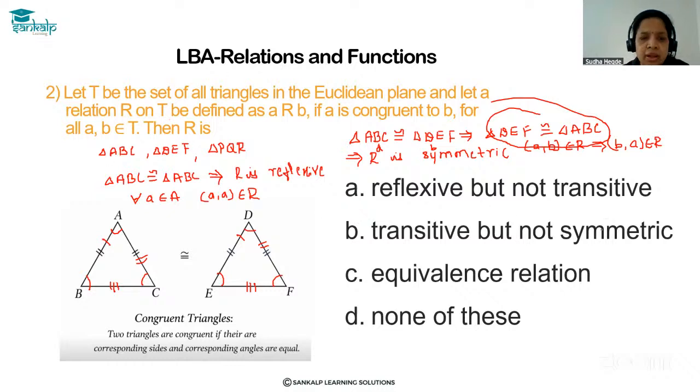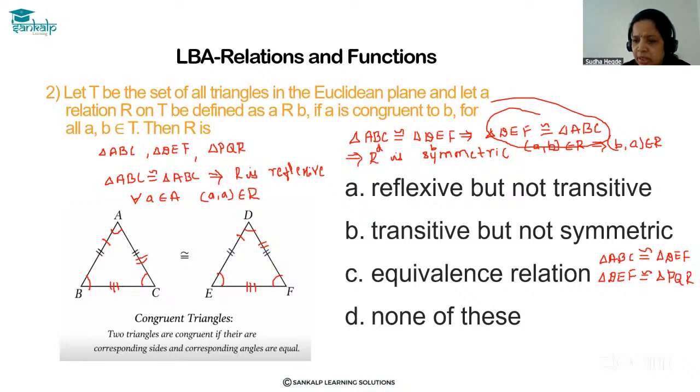Next, take three triangles. Triangle ABC is congruent to triangle DEF, and triangle DEF is congruent to triangle PQR.